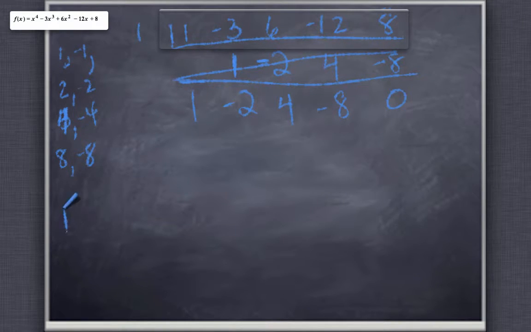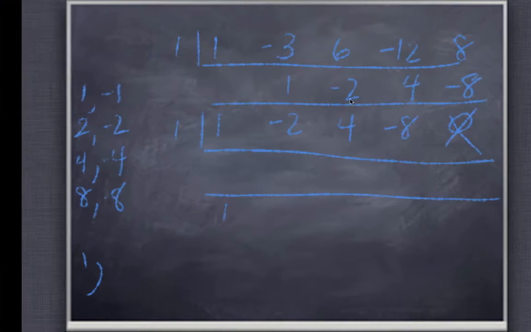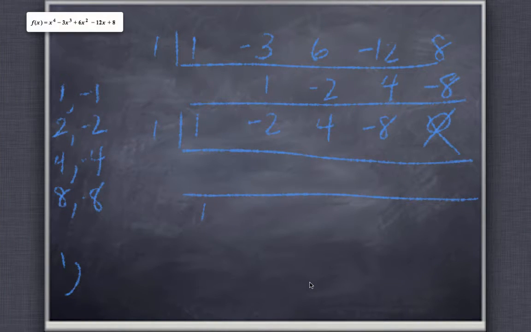So 1 is a 0. Okay, previously I did something odd and I left this 0 here, so I've kind of redrawn this all. Once this was a remainder, so the polynomial I'm left with is this. So then I try again with 1. I take 1 out, because it could be a 0 at most 4 times, but the multiplicity we don't know.